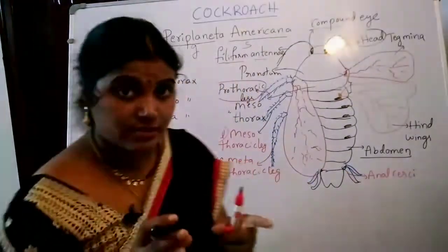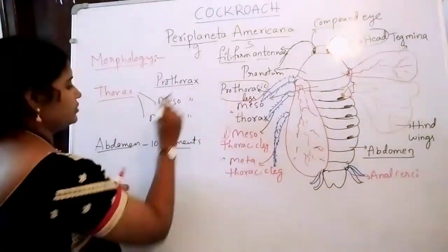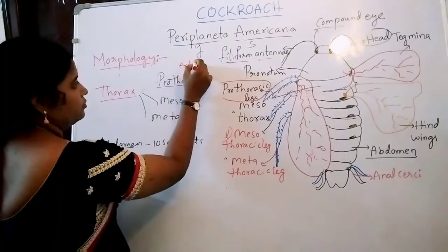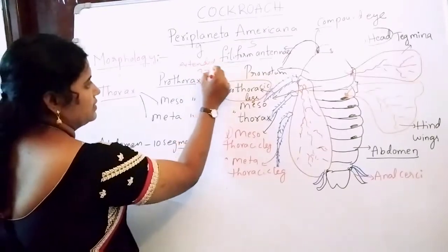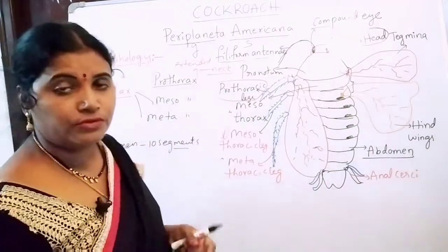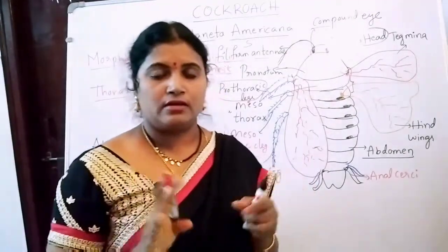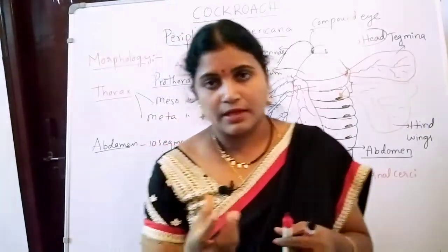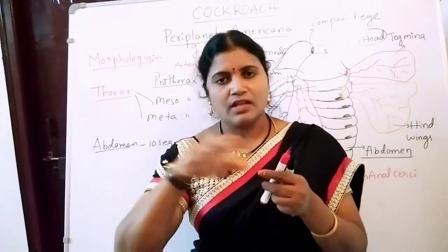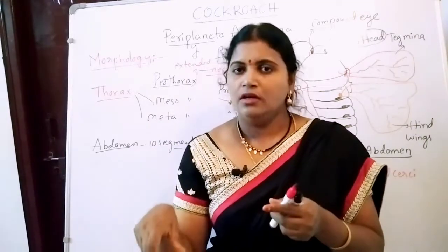The flexible neck is the extension of the prothorax. The extended portion of the prothorax forms the neck. So with the help of that flexible neck, the cockroach head is going to move in all directions.